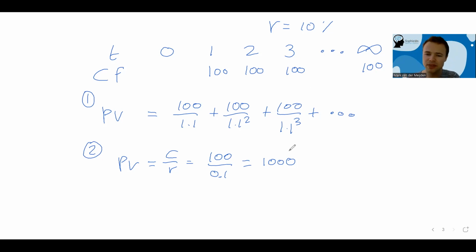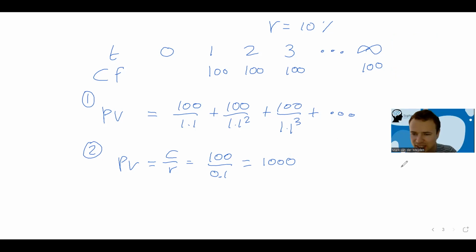So if you now have 1,000 euro, you literally could get 100 euro each year, like I say here. So getting 100 euro each year is the same as having 1,000 euro today. I think maybe the answer to your question is that the key idea is that 100 euro today is not the same as 100 euro next year.